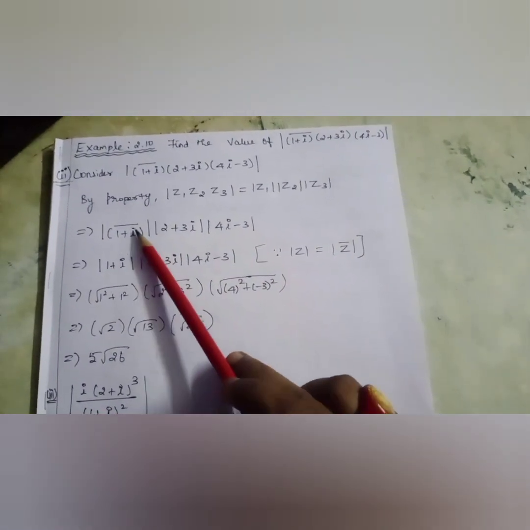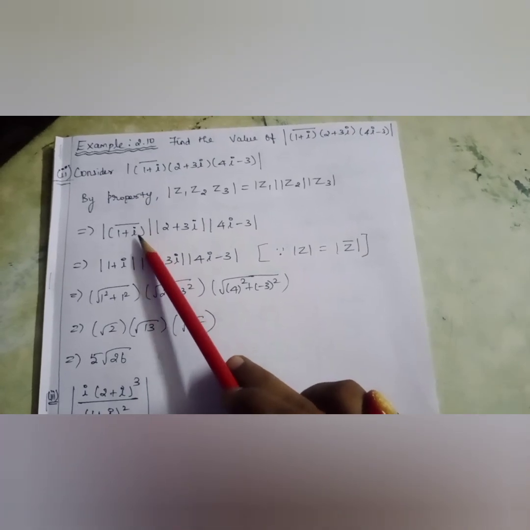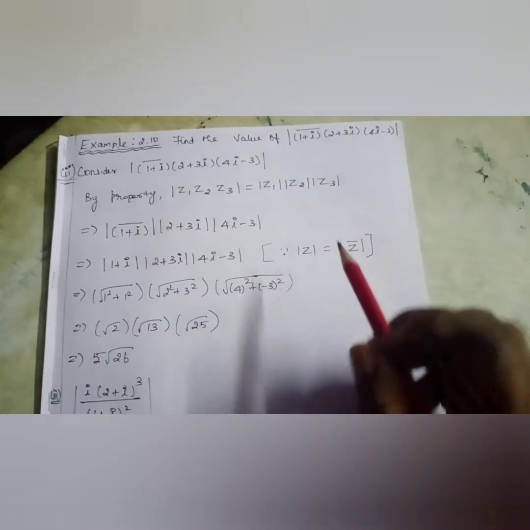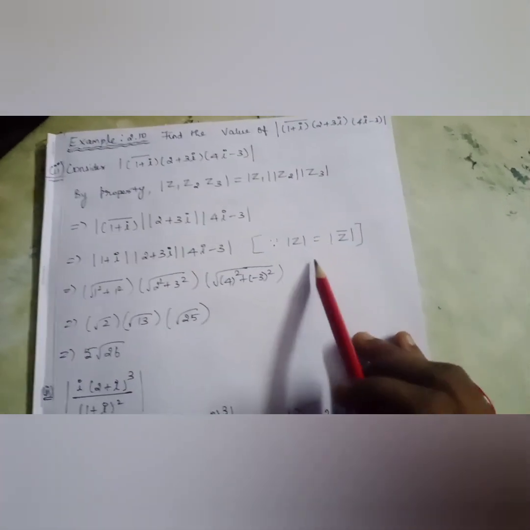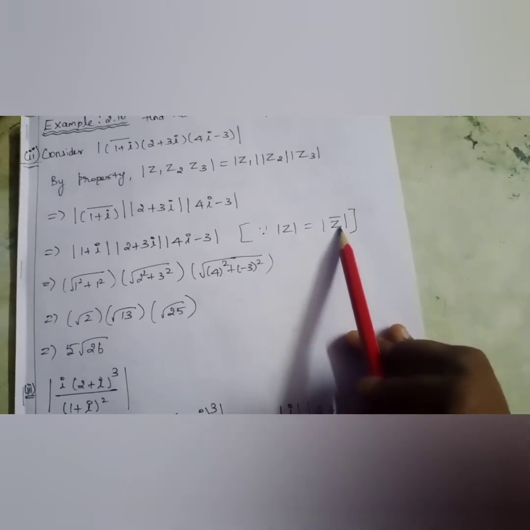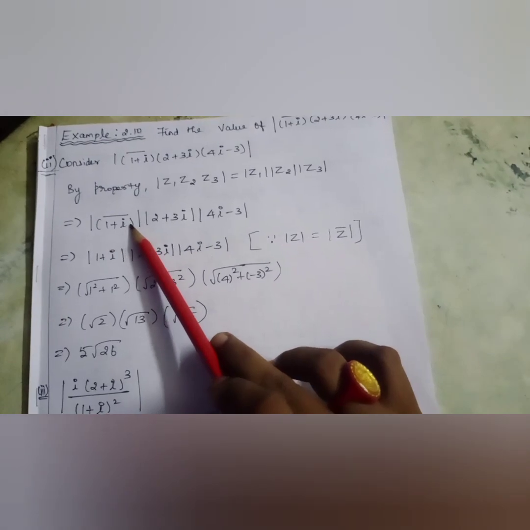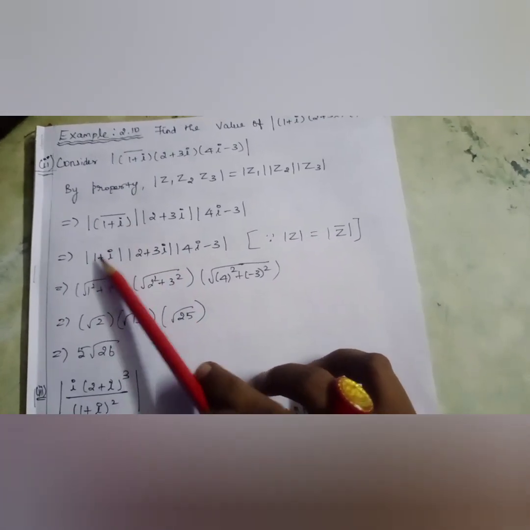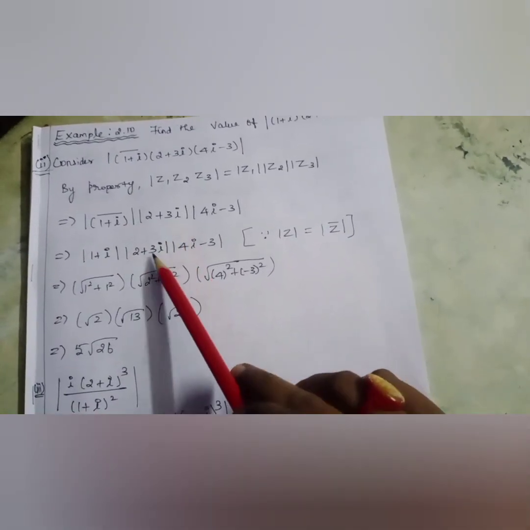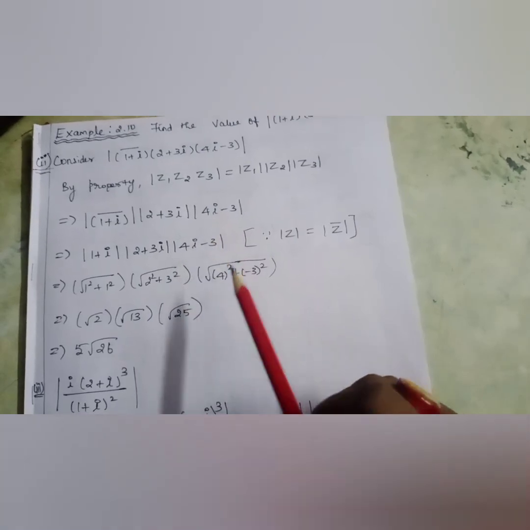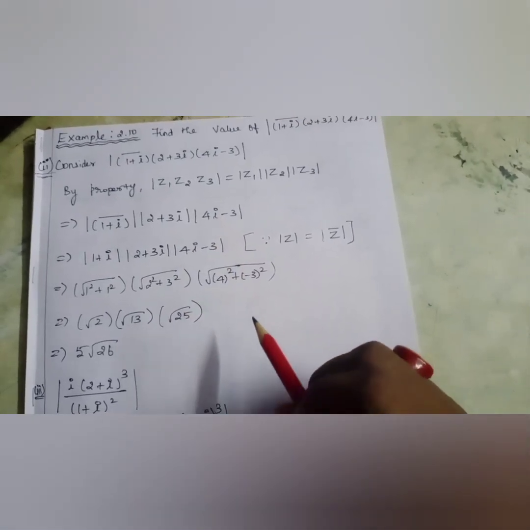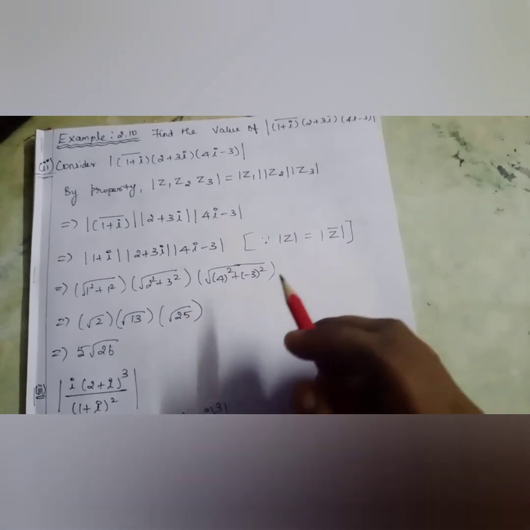Now this whole bar, right? We have another property of modulus of a complex number. I have written it here. Modulus of z bar can be written as mod z. So using that I can write this as modulus of 1 plus i, and this will be written as it is and this will be written as it is. Now we know that the definition of modulus of a complex number is root of x square plus y square.